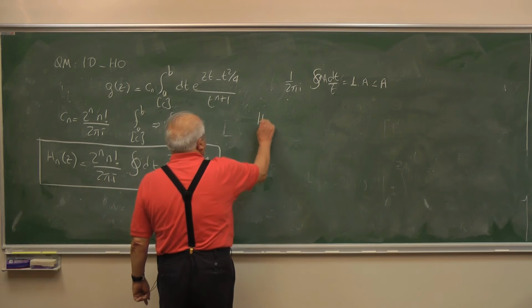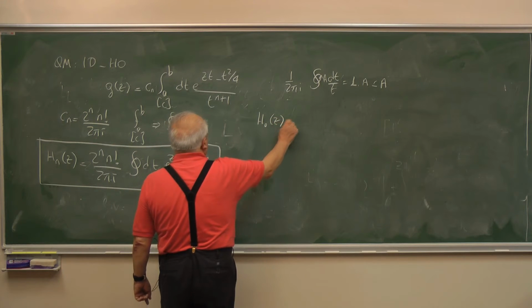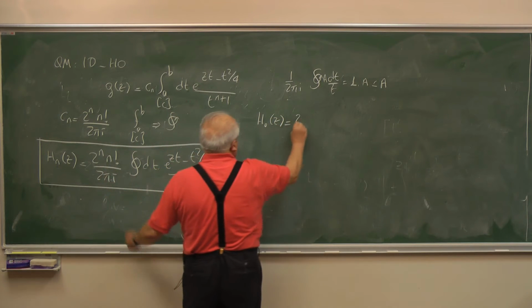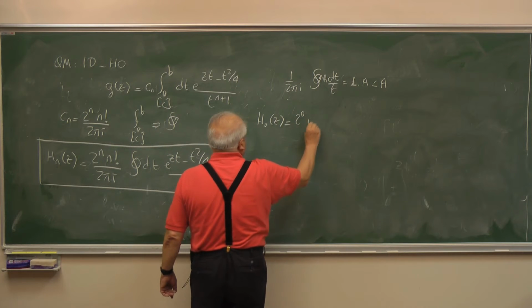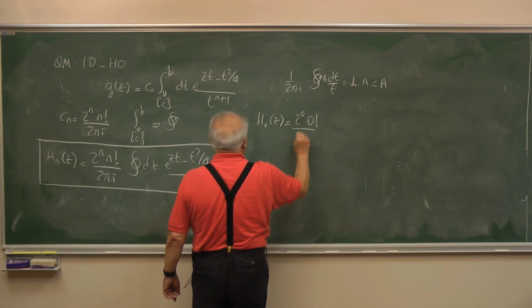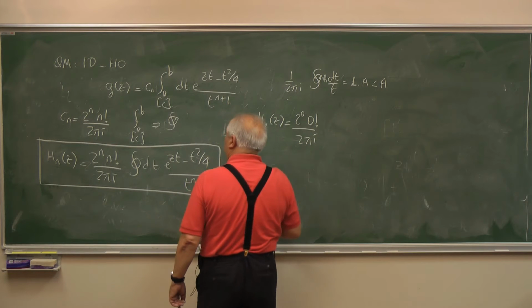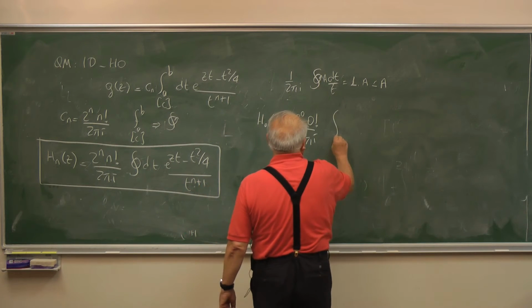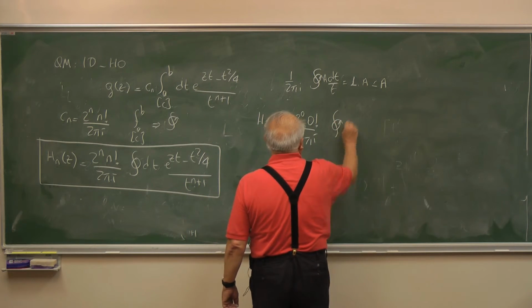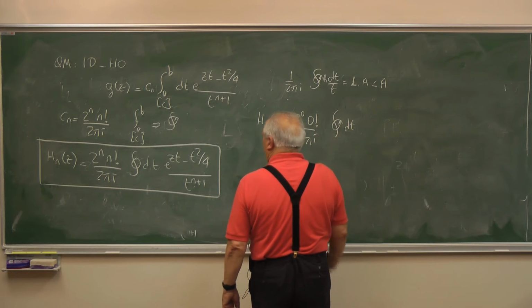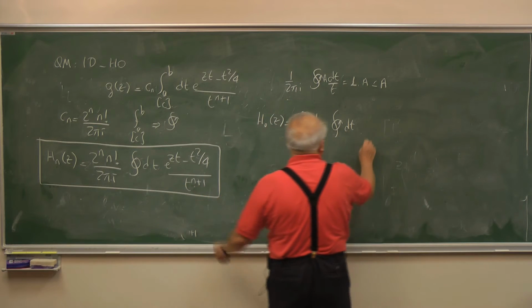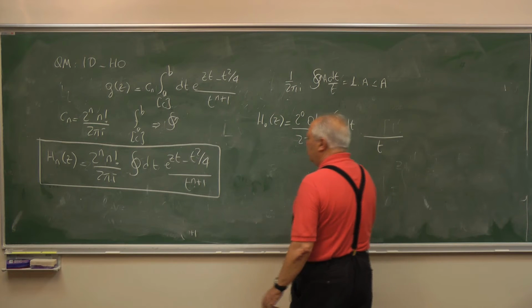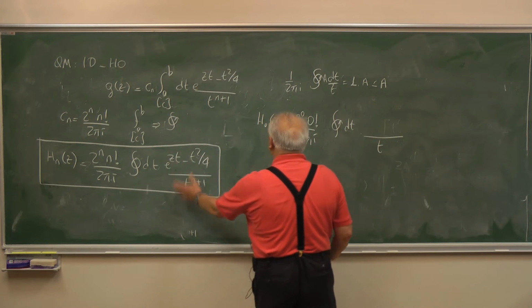Let's take h0(z) is equal to 2 to the 0, 0 factorial over 2 pi i, integral dt. Now n equals 0, this is 1 over t. So I am looking at the constant term in the expansion of this.